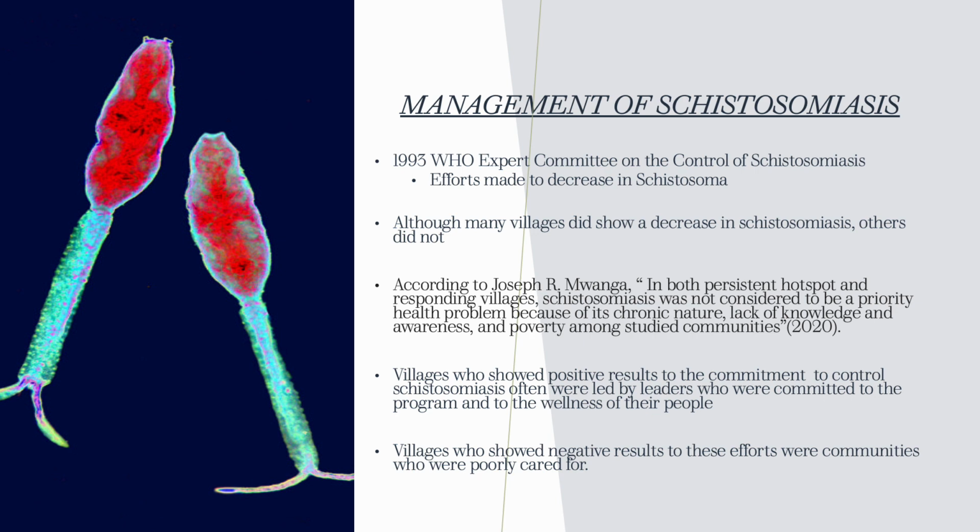In 1991 and 1993, the WHO Expert Committee on the Control of Schistosomiasis again tried to focus and update the strategies for the control and management of the disease. They emphasized the importance of an integrated control approach, which combined chemotherapy with drugs like praziquantel as a preventative.